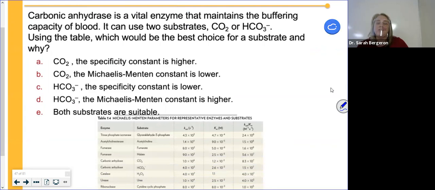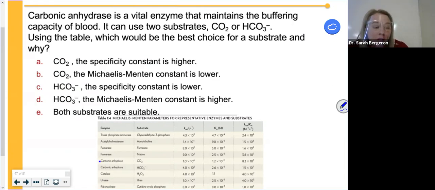As soon as I put my cursor up there, it blocks half the question. Carbonic anhydrase is an enzyme that maintains buffering capacity of the blood, right? It can use two substrates. Use the table, which would be the best choice for a substrate and why. This is the same table that's in your textbook, table 7.4. I just pulled it straight from your textbook.